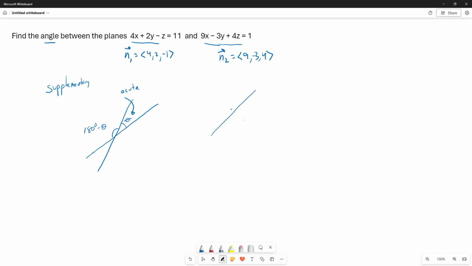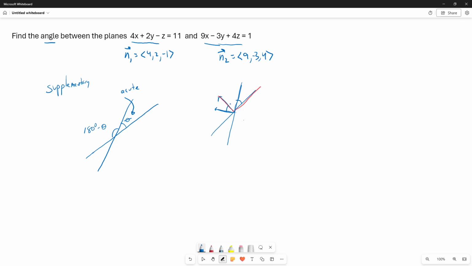So here you have a plane, here you have its normal vector, and here you have another plane, and here you have its normal vector. So this angle will be the same as this angle, because this one here in red is just a rotation of this one here in red by 90 degrees, and the one in blue is a rotation by 90 degrees of that one.